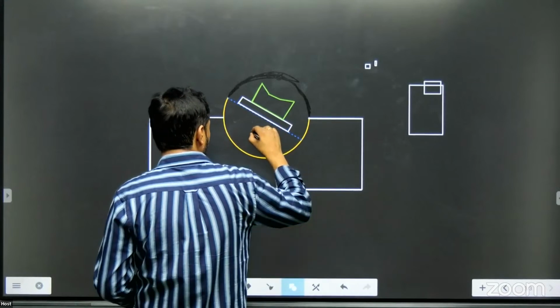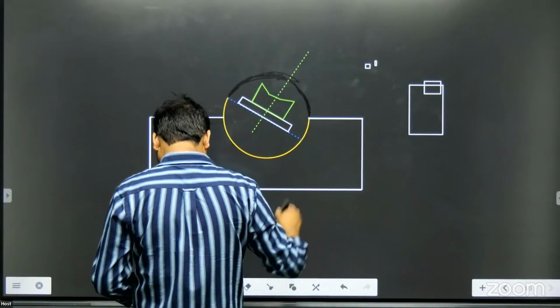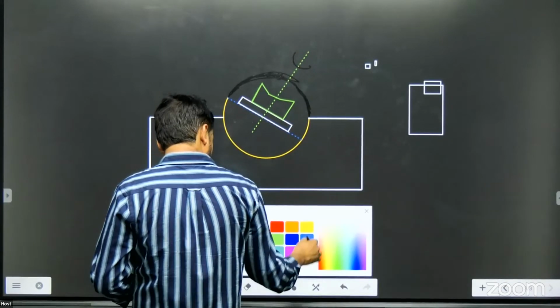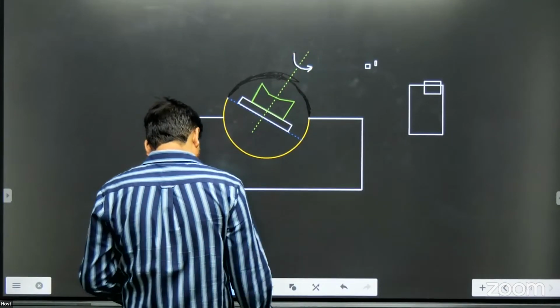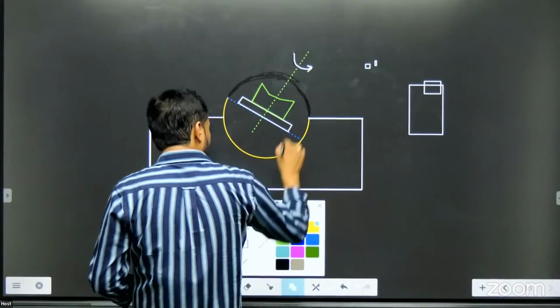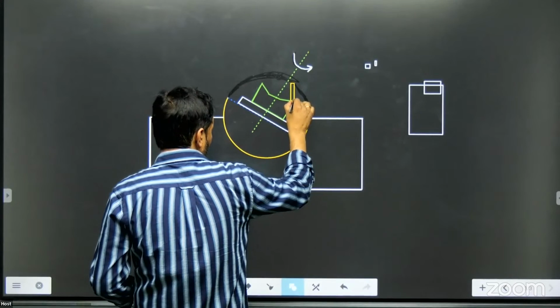Basically along this axis, this will be made to rotate, and there will be the grinding wheel kept here. This is that grinding wheel.